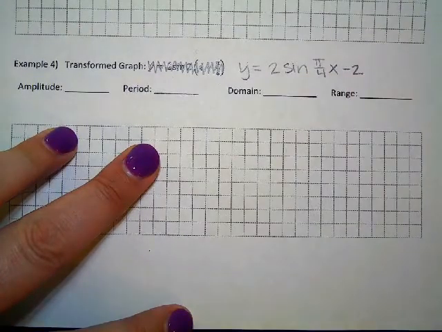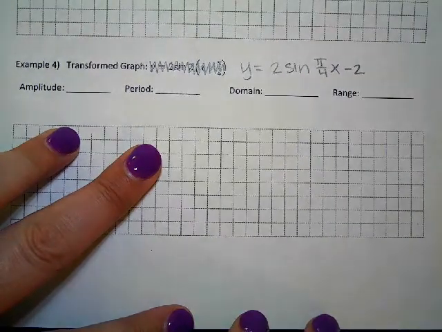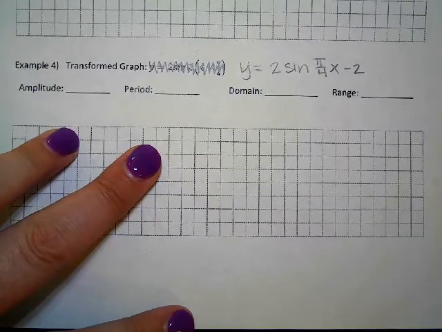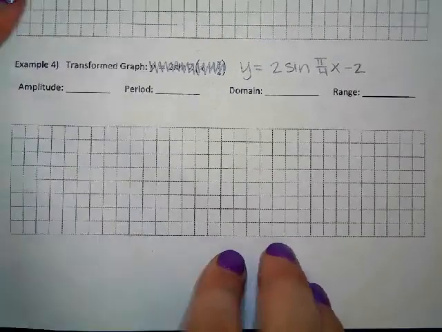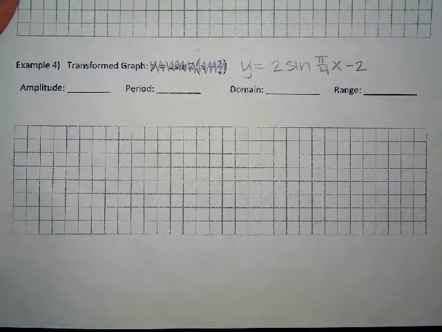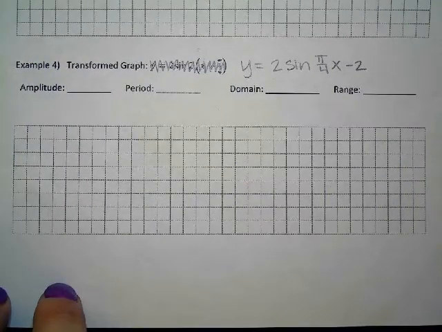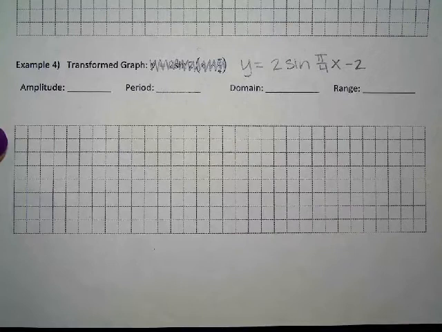So y = 2 sine (pi/4)x - 2. Okay. And I'm going to go ahead and draw my axes.